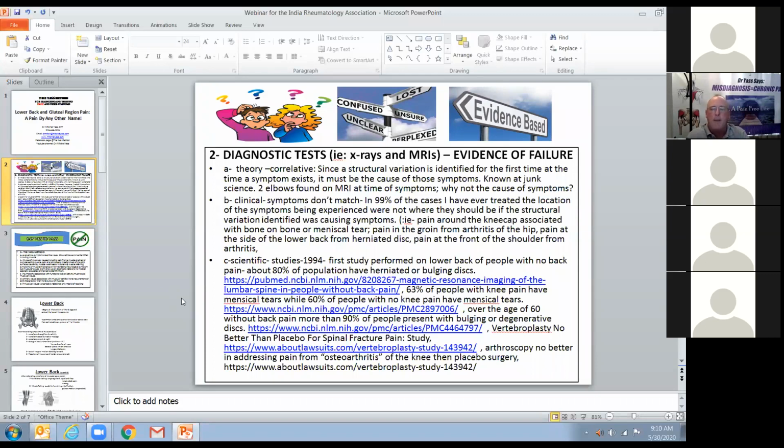If we look at pain around the kneecap being associated with a meniscal tear, the knee joint is comprised of two joints: the joint between the thigh bone and the lower leg bone, and the joint between the kneecap and the thigh bone. The meniscus lies in the joint between the thigh bone and lower leg bone.